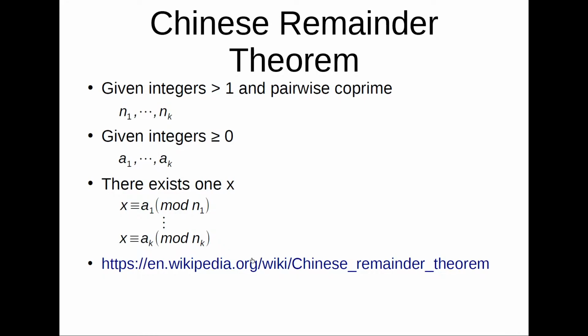And basically it says that there is only one x which is congruent to a1 mod n1, a2 mod n2, and so on and so forth. But it could also mean that there's only one x that, hold on, let me check my notes here for that. Exactly what I'm trying to say.